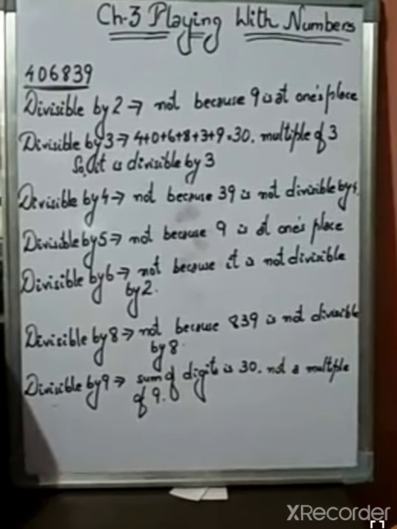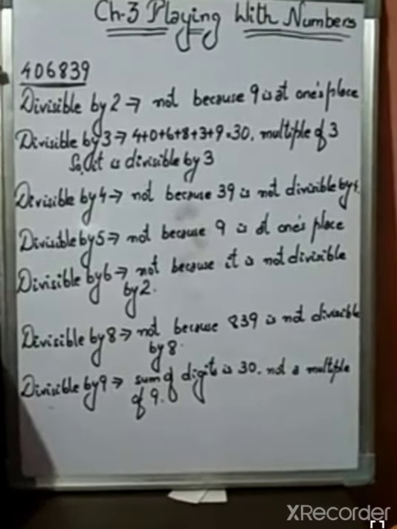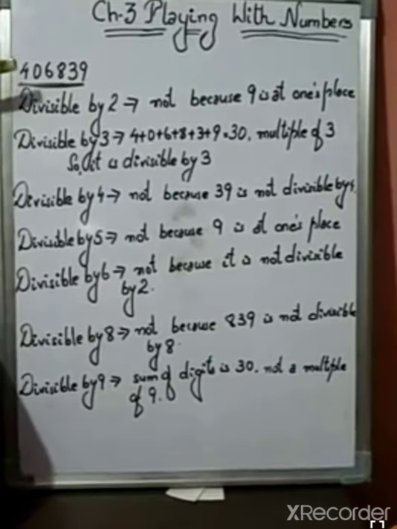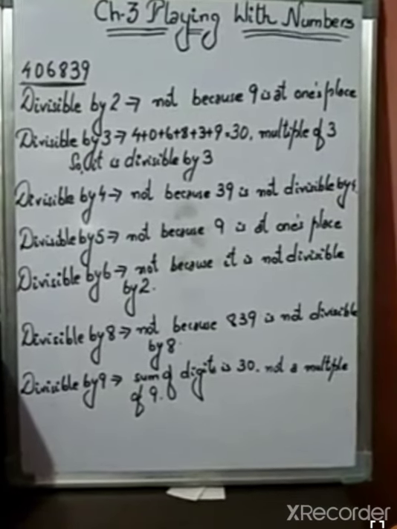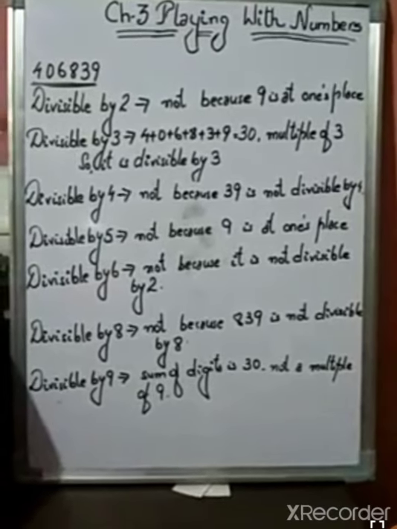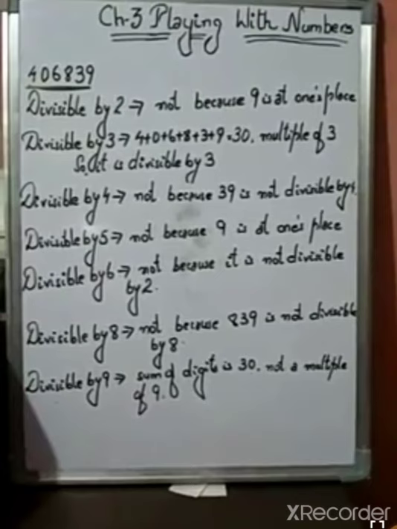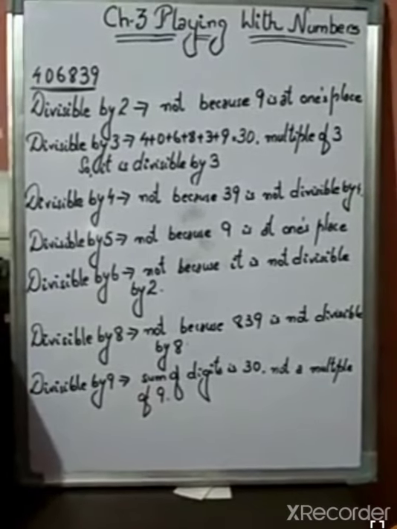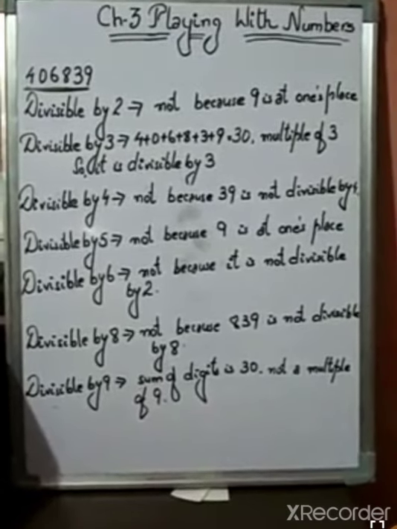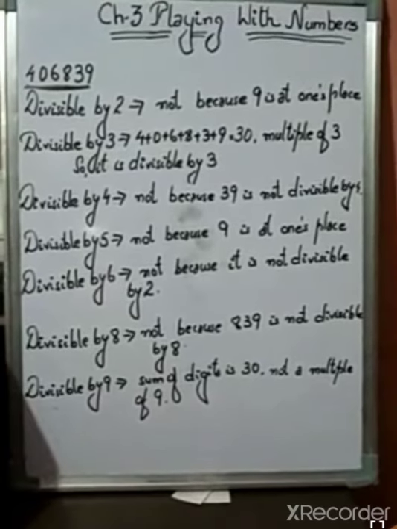Next check for the divisibility by 4. This number is not divisible by 4 because for divisibility by 4 we have to check the last 2 digits, and in this case the last 2 digits are 39. 39 is not divisible by 4, so the given number is not divisible by 4. Next one is divisibility by 5.